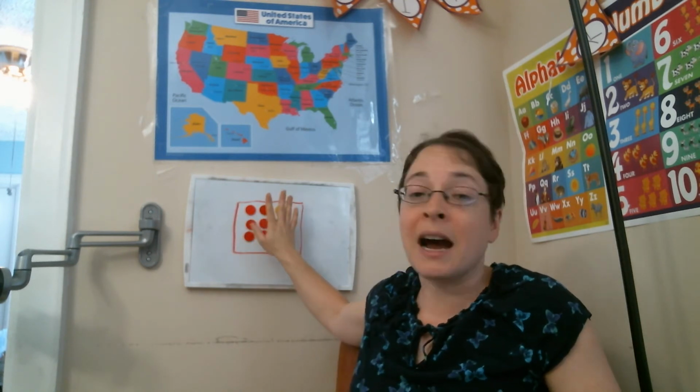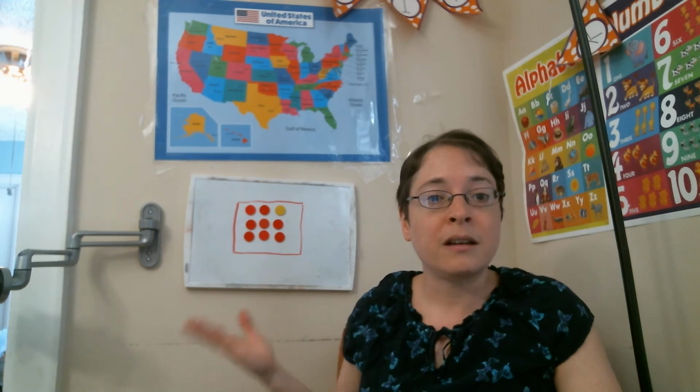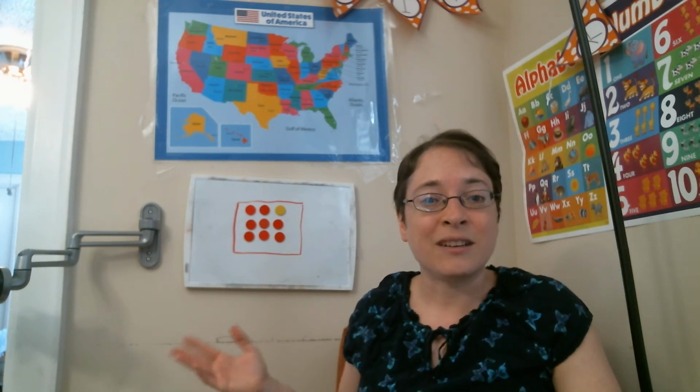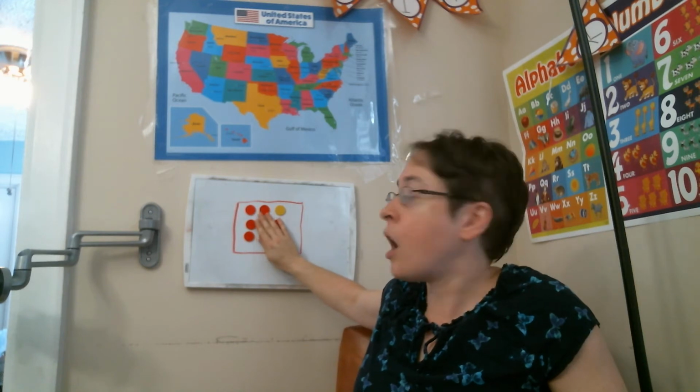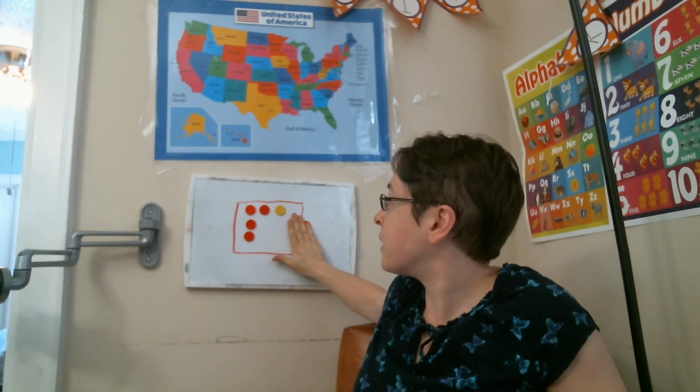And I want you to move some off of the picnic blanket. There were 9 ants. Some of them left, or they were too full, so they went home. So you can just move some off the picnic blanket.